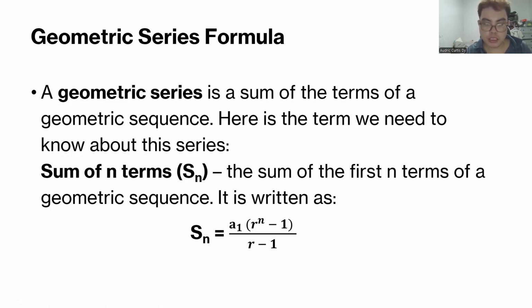Again, S sub n is equal to the first term multiplied by the difference between the common ratio raised to the power of n and 1, divided by the difference of the common ratio and 1. Your r is the common ratio here.